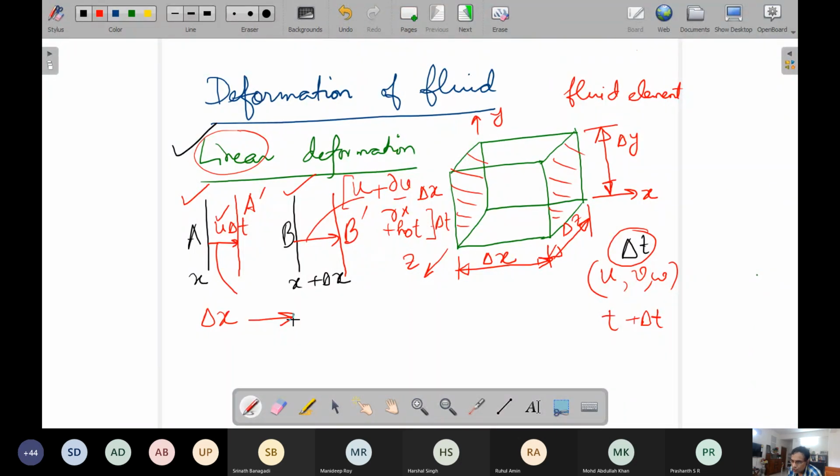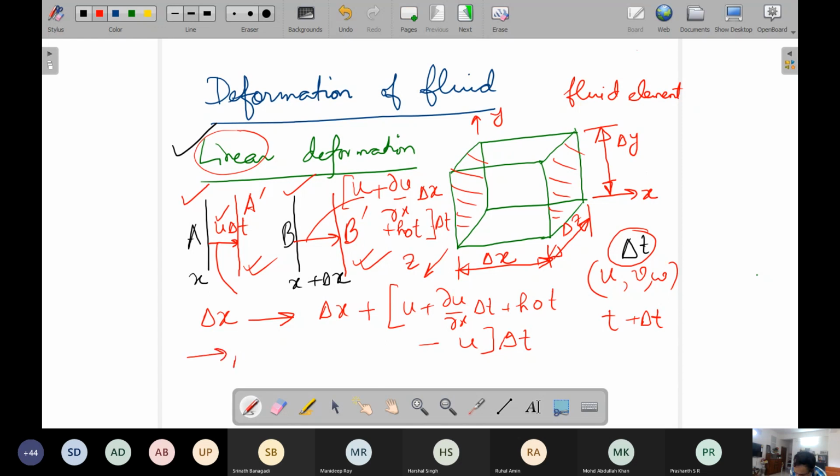So what is that distance? That is the old delta x plus the change. Change means the difference in the movement between these two faces. So u plus, so this is the difference in movement of the two faces, and that is the net change in delta x. So this will become delta x plus. So you can cancel some of the terms.